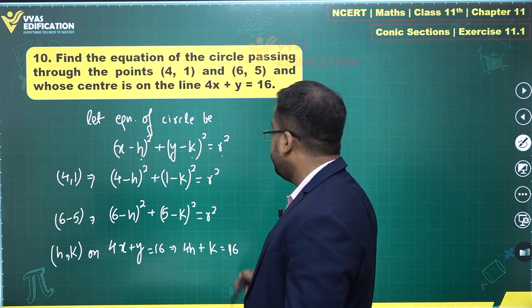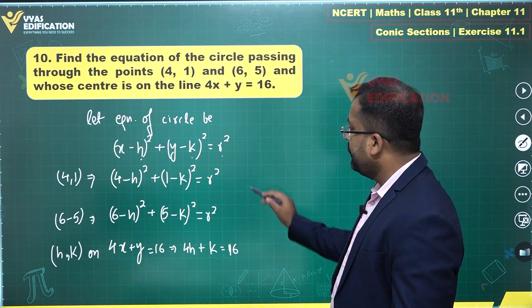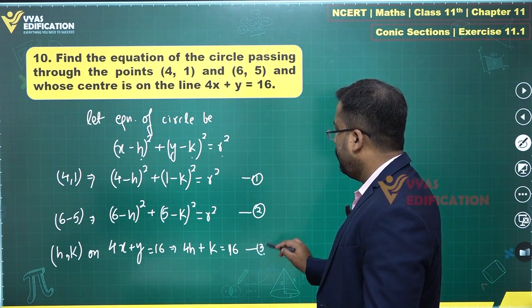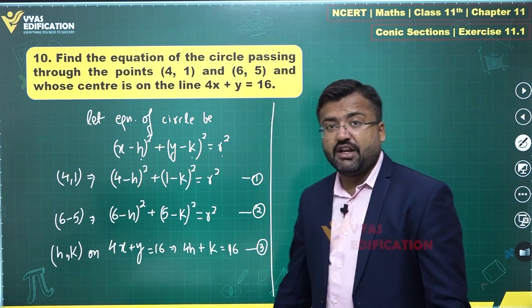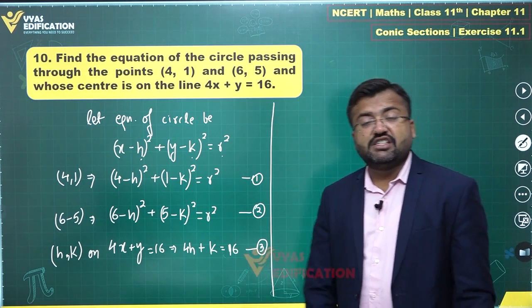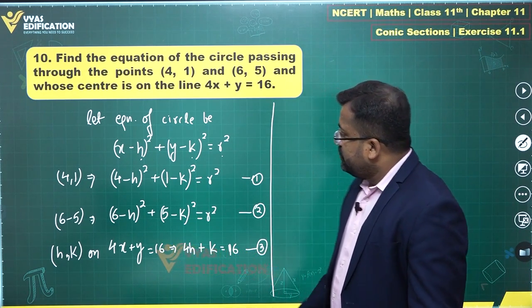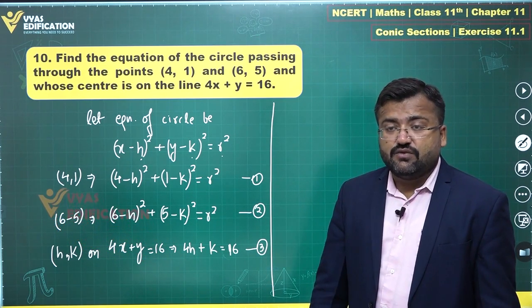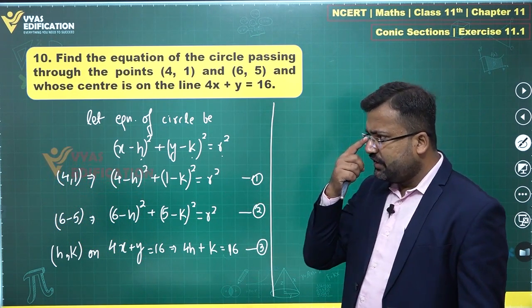Now this is another equation which we have, right? There are 3 equations, 1, 2, 3. 3 conditions have been given to find the equation of circle which is required, right? So solving these 3 equations, I can find the values of h, k and r as well, and therefore I can write the equation of circle easily.